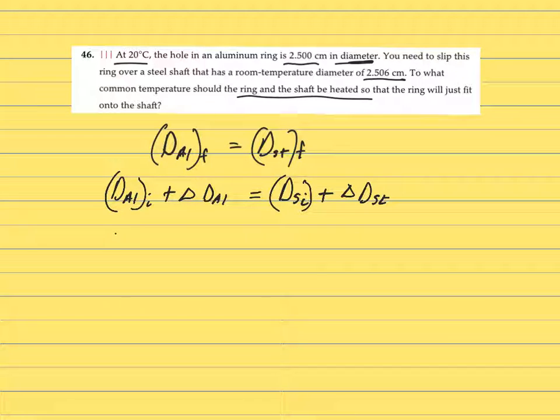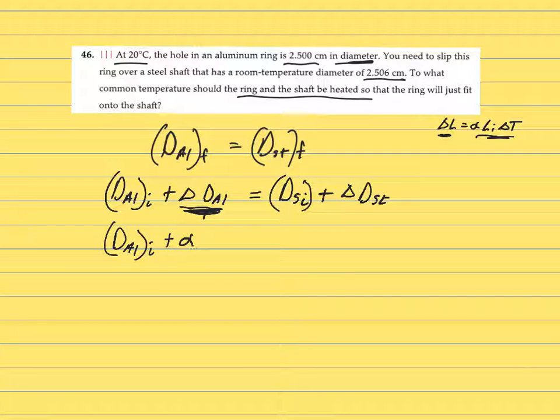We're going to go back to this, the change in diameter of the aluminum. I'm going to treat that just like a length. And we have to go back to our little equation of change in L equals alpha, the coefficient, times the original length times change in T. Everywhere I see this, I'm going to replace it with that because it's change in L. So I'm going to replace this with what the change in this diameter would be, which is really just kind of a length.